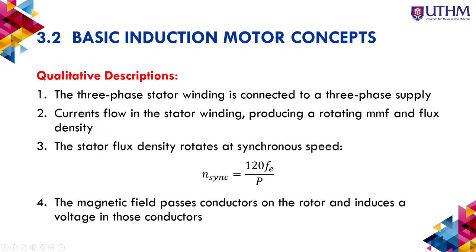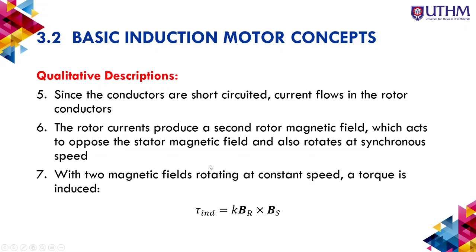So there is a three phase winding, and then current will flow, producing a rotating flux. The stator flux rotates at the synchronous speed. So this is the formula, and the magnetic field passes the conductors on the rotor and induces a voltage.